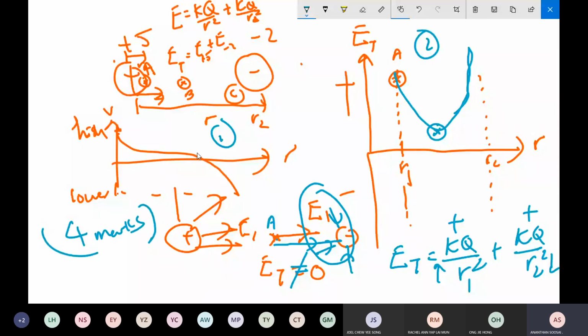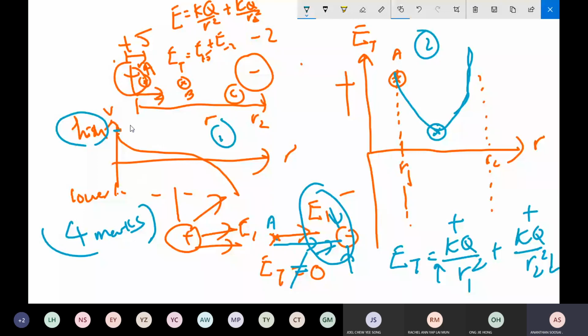Check with the pattern. It must be zero somewhere. The first position must be very high if positive is higher than negative, and the next part, the negative, must be low. If positive is lower than negative, then the first position must be a little lower and here must be higher. So check the chart.